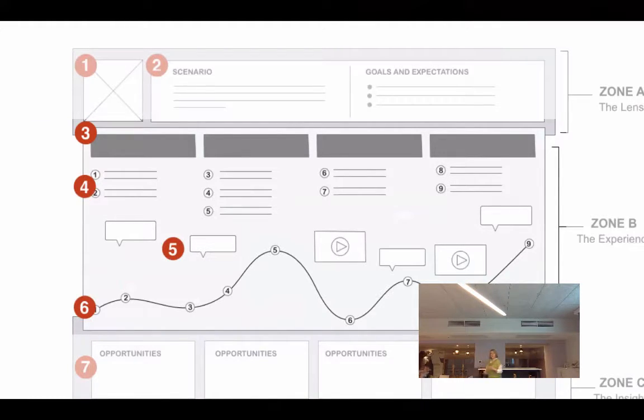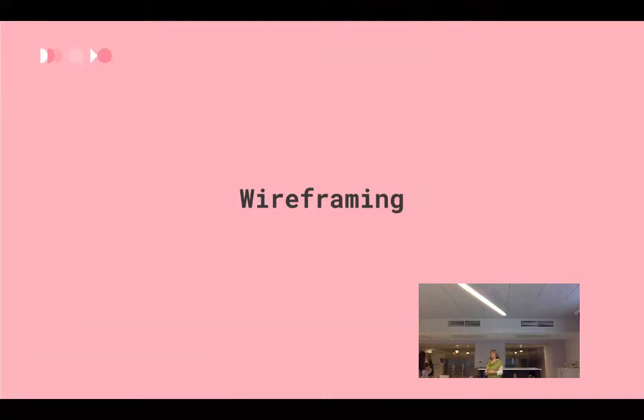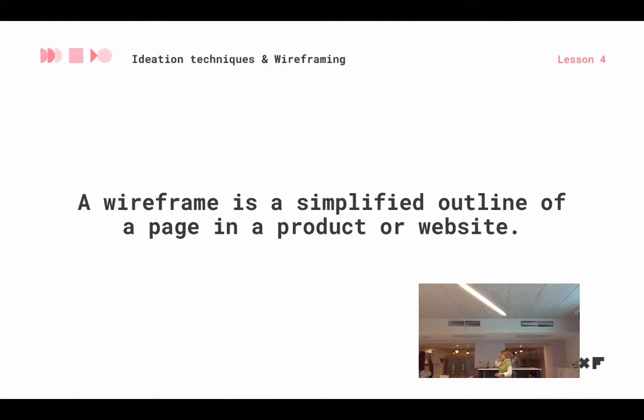And this is called wireframing, because we don't just jump right to designing something. What we like to do, the UX people especially, is to draw wireframes. The wireframe is a simplified outline of the product.